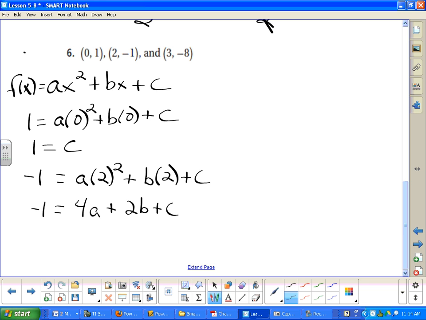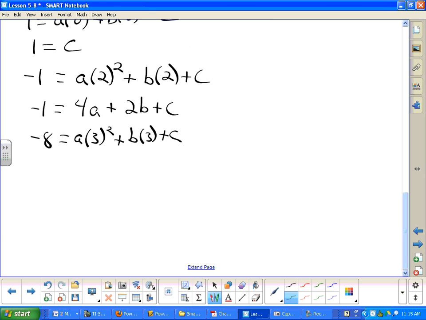Then we'll do it with the third point. Negative 8 is y, and we got 3 for x. So we have a times 3 squared plus b times 3 plus c. So negative 8 equals 9a plus 3b plus c.